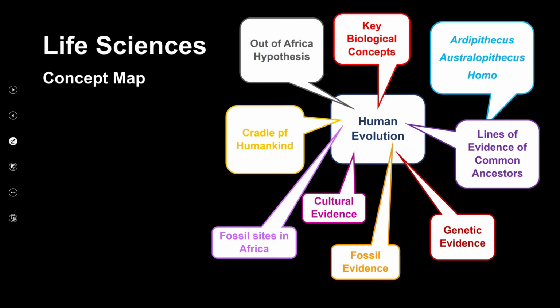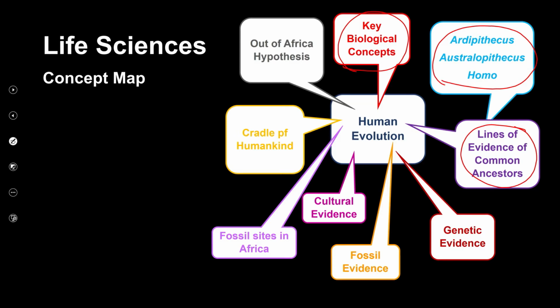On this topic, we're going to look at the key concepts, which are very important. Terminology is key. We're going to look at the lines of evidence that we have, and the various species that we have evidence of.